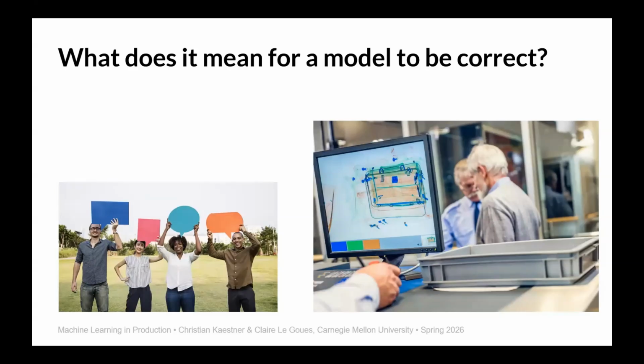What does it mean for a model to be correct? That means it makes mistakes, right? Acceptable error rate, let's say 99%, means sometimes it makes mistakes. Do we call this correct? That would be very nice. What is a weapon?